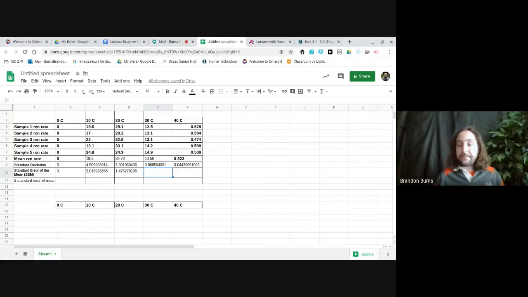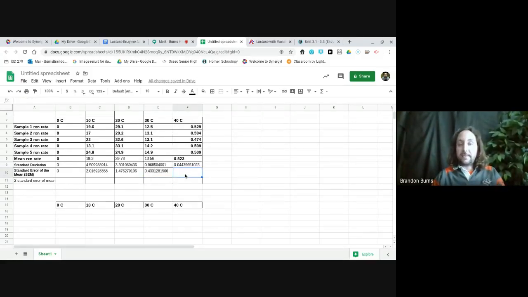So I type equals, and then a parenthesis, and I click this box because I want to take the standard deviation, and then divided by the square root. You can type in SQ, and you'll get SQRT, which is the square root of, and it's going to be 5. I'm just going to type that in. I'm not going to highlight anything because I know there were 5 samples. If I hit enter, that gives me the standard error of the mean.